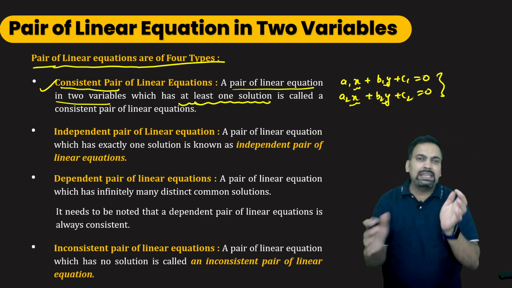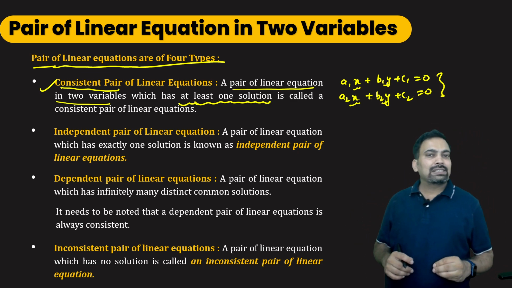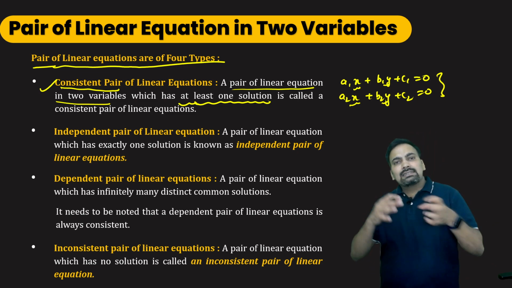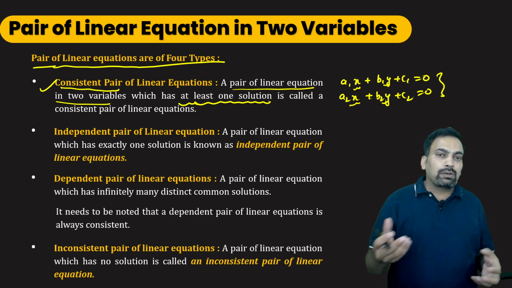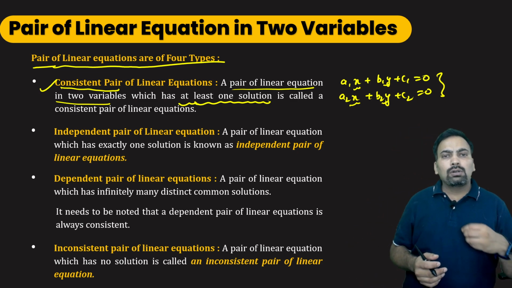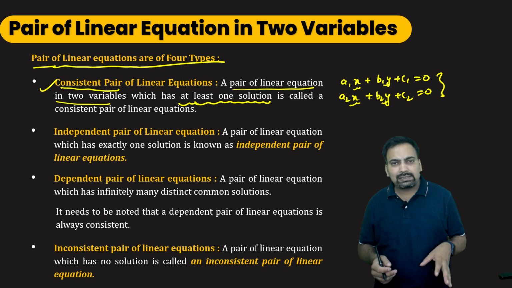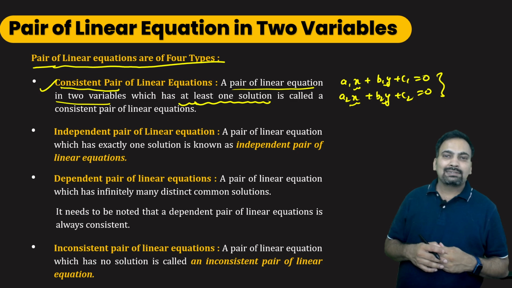Consistent means any equation that has a solution is called a consistent equation. Inconsistent equation means what? If the equation does not have any solution, means you are not finding any values of x and y, that is called an inconsistent equation.